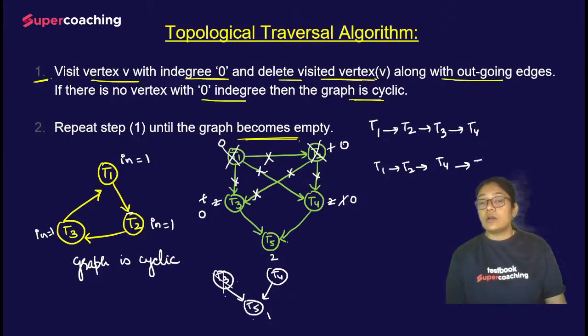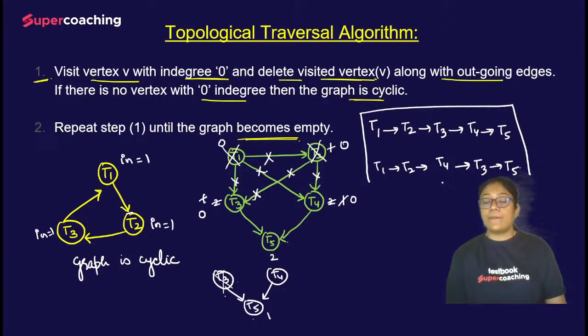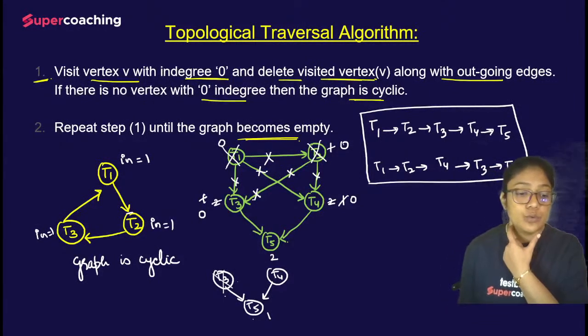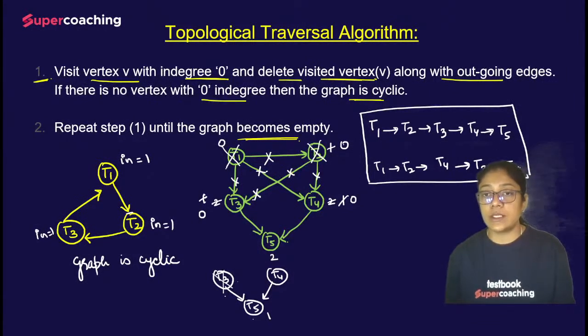So now we are just left with 1 vertex. So these are the possible sequences for the given precedence graph. Make sense? So two possible serial orders are there for the given graph. Okay.